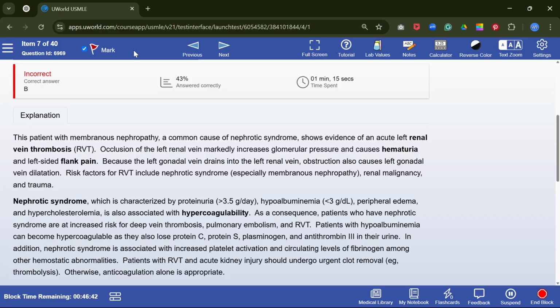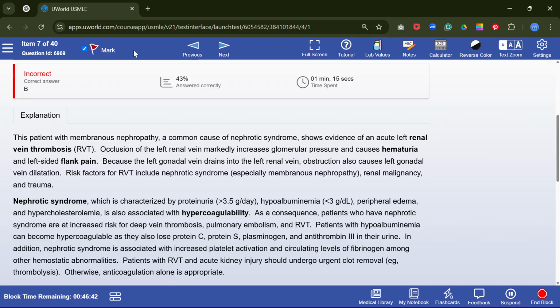This patient with membranous nephropathy, a common cause of nephrotic syndrome, shows evidence of an acute renal vein thrombosis. Occlusion of the left renal vein markedly increases glomerular pressure and causes hematuria and left-sided flank pain, because the left gonadal vein drains into the left renal vein. Obstruction also causes left gonadal vein dilatation.